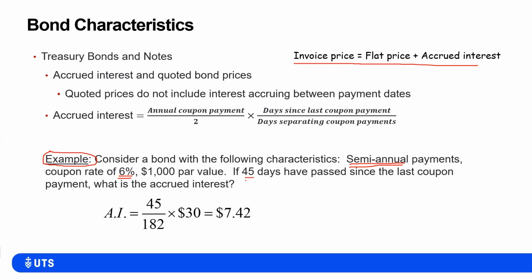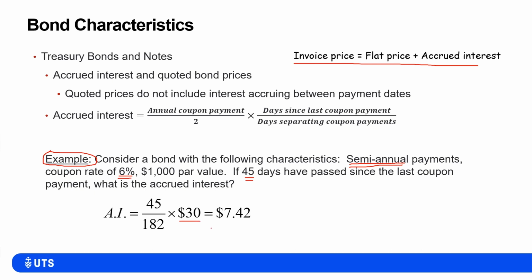To calculate the accrued interest for this particular bond, we start with the annual coupon payment of 60, because of this 6%, and then we divide 60 by 2. That leads to the semi-annual coupon payment of 30.